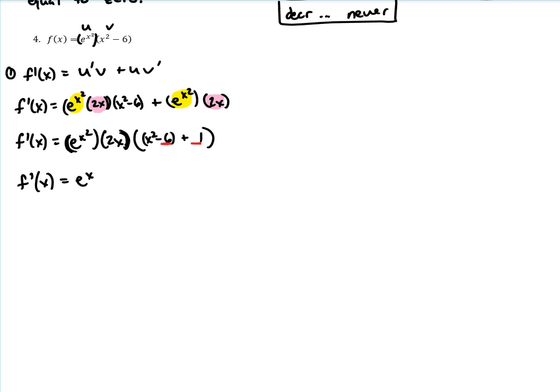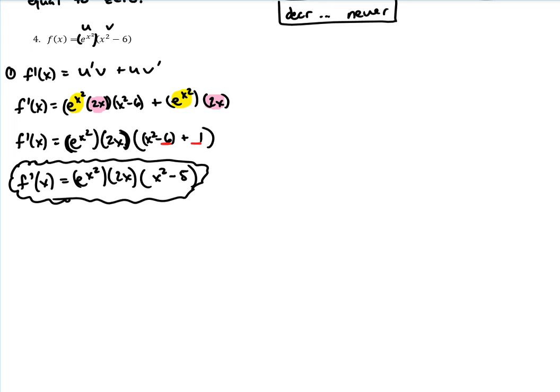So we have f prime of x is e to the x squared times 2x times x squared minus 6 plus 1, which is minus 5. Okay, and you could reorder it if you want. Like this 2x, you can move to the front, but I'm just going to leave this as is. So this is the fully factored derivative.